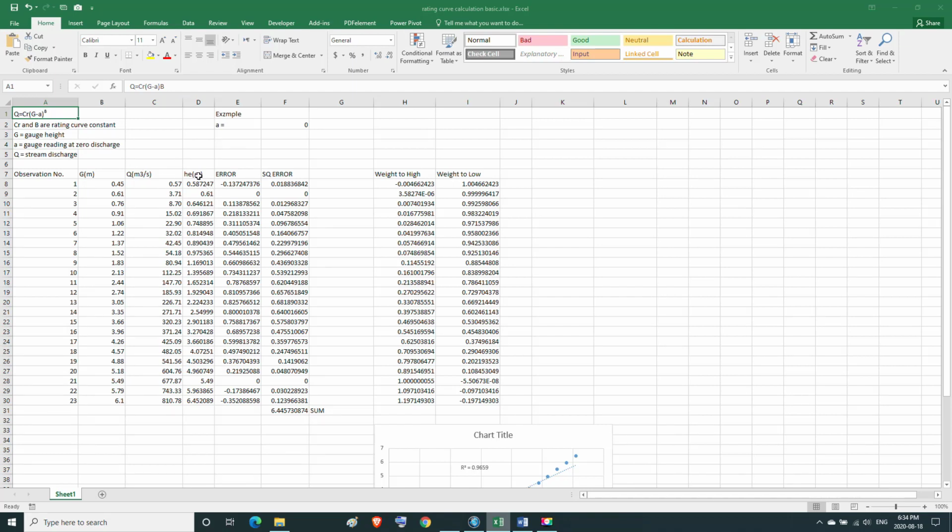And this equation can be calculated as follows.